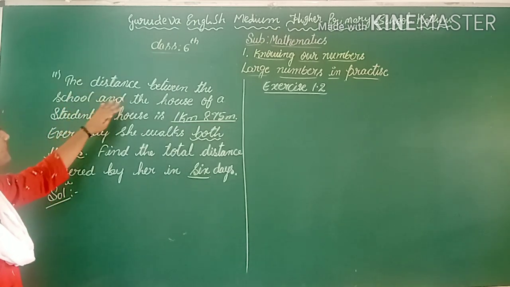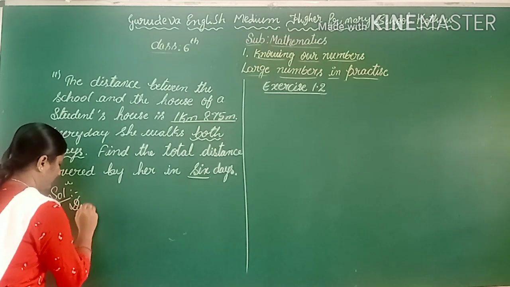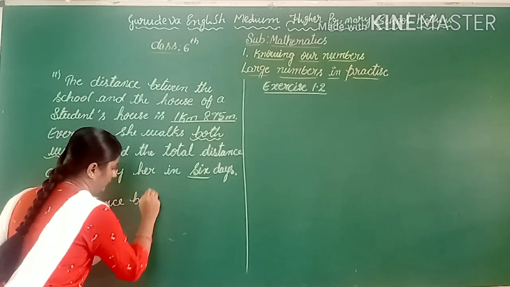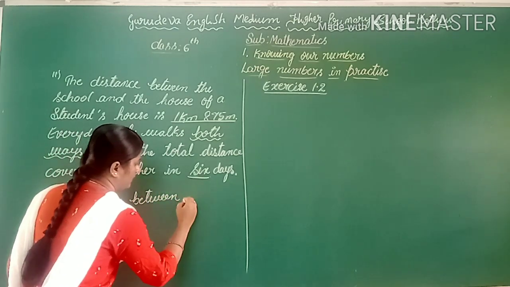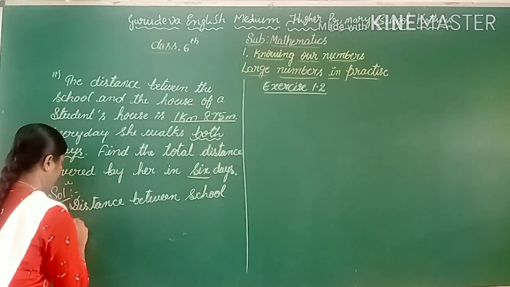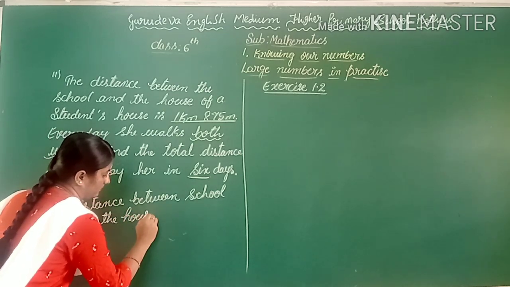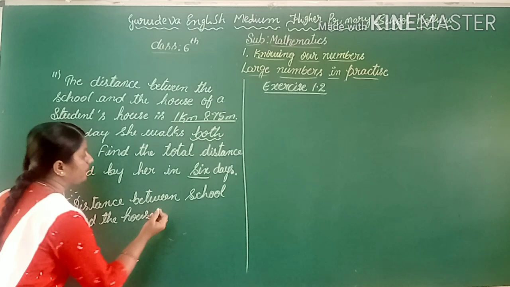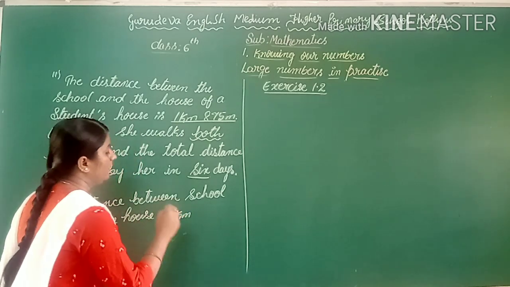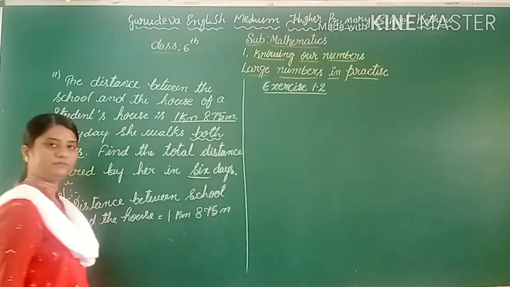First we have to write the distance between school and house, which is equals to 1 kilometer 875 meter.